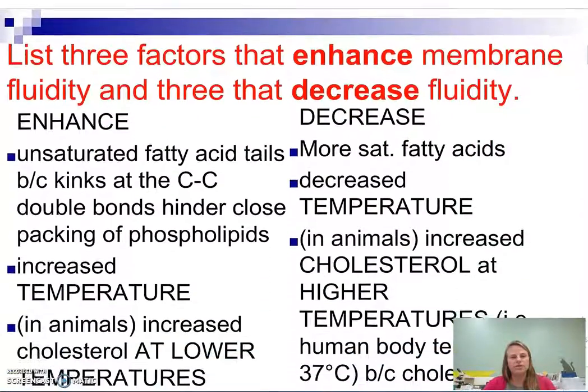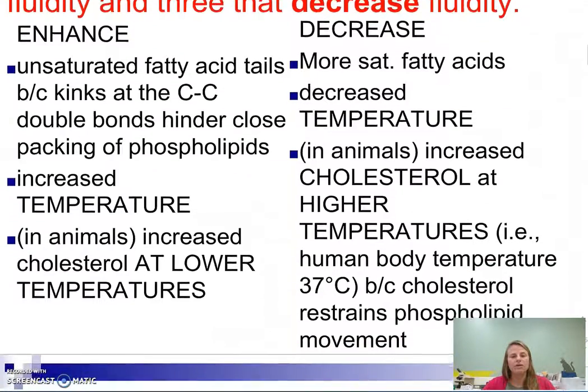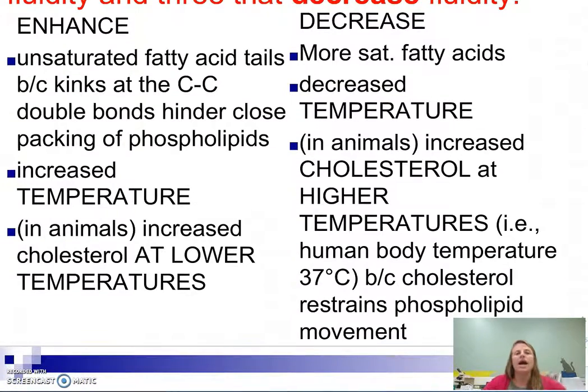So here are 3 factors that enhance membrane fluidity and 3 factors that decrease membrane fluidity. So as far as enhancing goes, if I have more unsaturated fatty acid tails, if I increase the temperature, and in animals, if I increase the amount of cholesterol at lower temperatures. If I wanted to decrease the fluidity, I would add more saturated fatty acids in the tails.